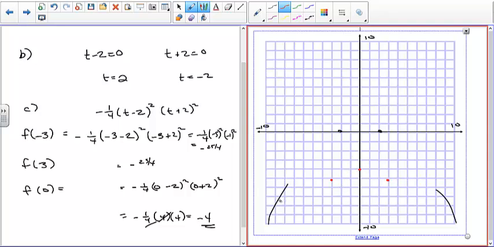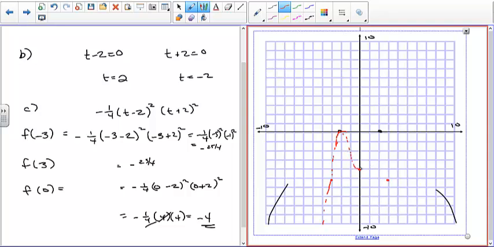So we know that the function is going to be coming this way through that point. It's going to touch the x-axis here because of the multiplicity of that zero. It's going to turn around, go all the way down to -4.